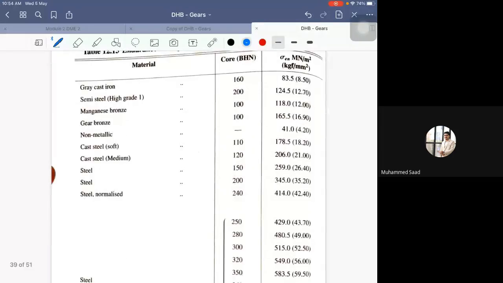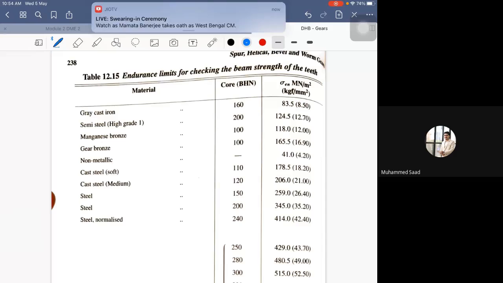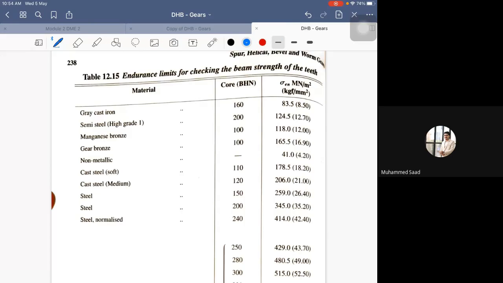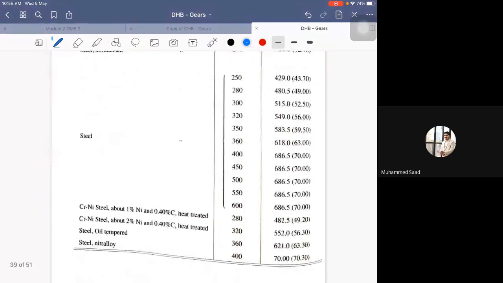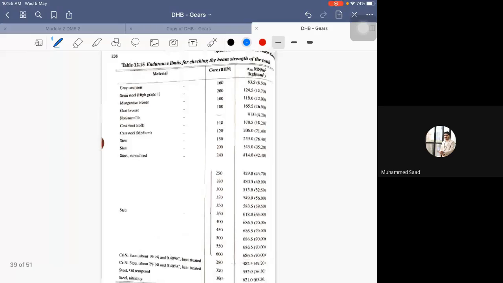So here it is, the value of sigma EN, the endurance limit for checking the beam strength of the teeth. So grey cast iron BHN. Has he given us anything about BHN? He has not given BHN, sir. Then what to do?